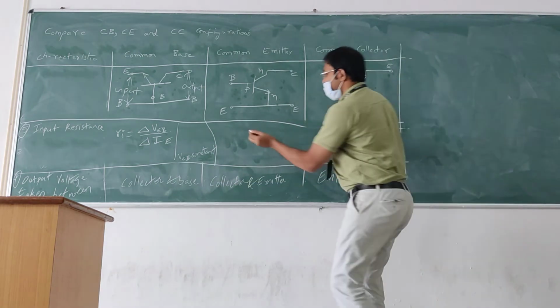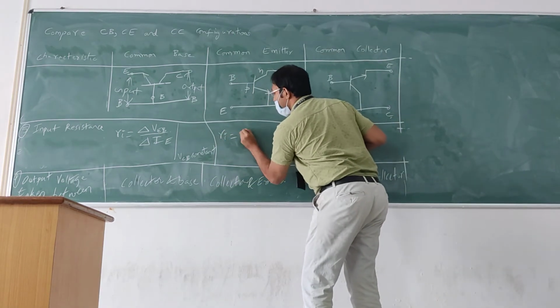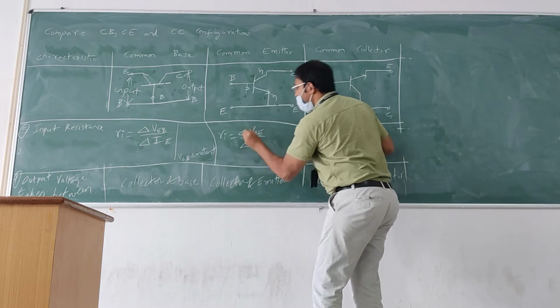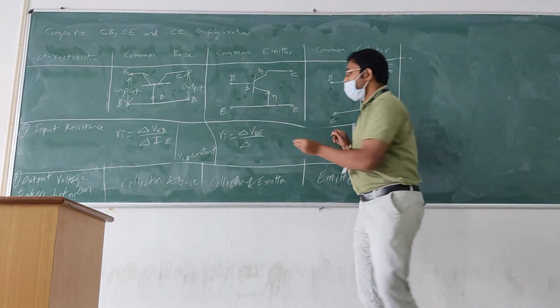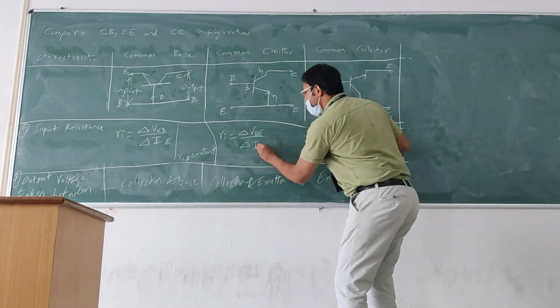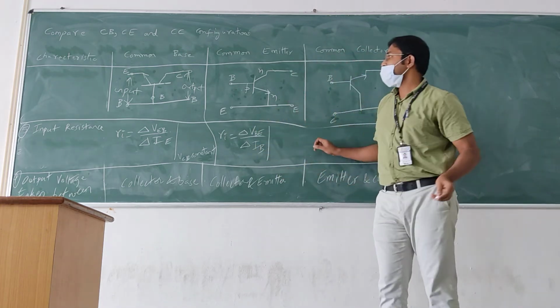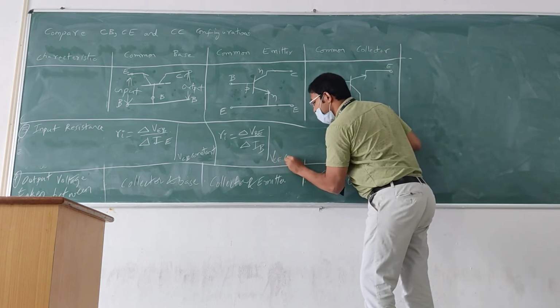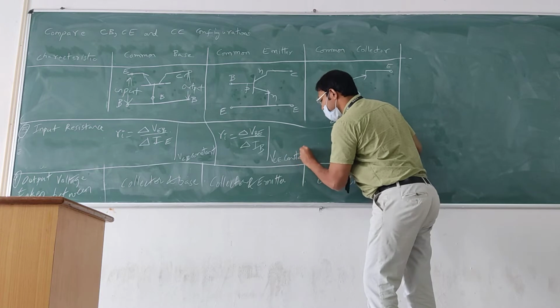Next, what is R i? Simply tell me. Del V BE by del I B, with V CE constant.